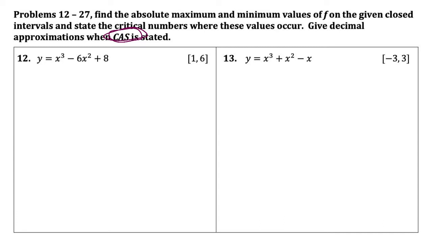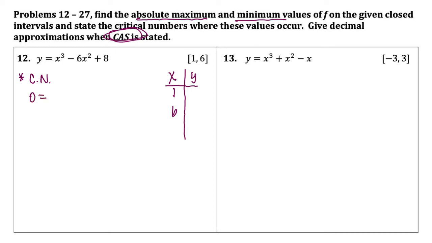So looking at this by hand, if you need to do absolute maximum, absolute minimum, which you possibly could, what you need to do is set up a chart. And in this chart, you always list your endpoints, so 1 and 6, and then you need to go find your critical numbers. So first thing is critical numbers. We're going to find y prime and set it equal to 0.